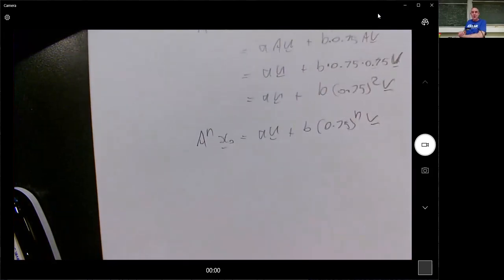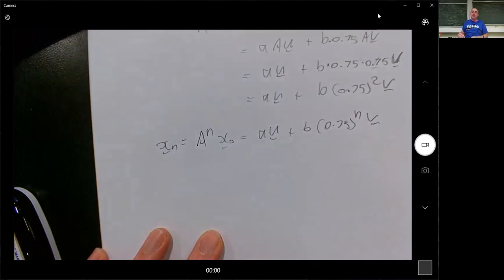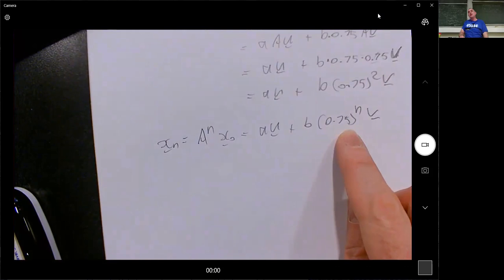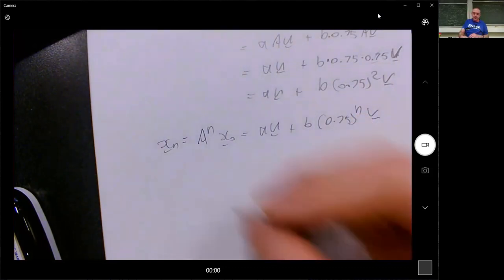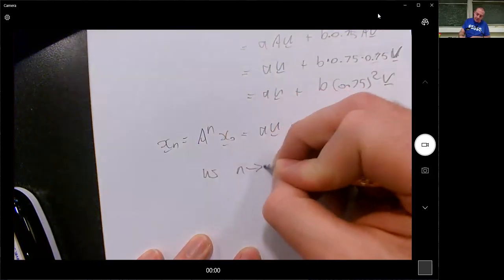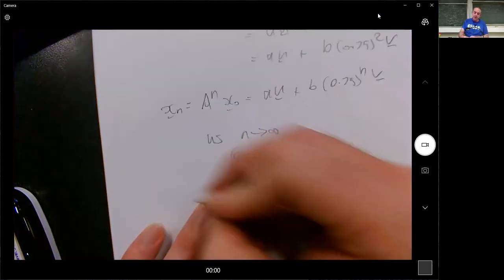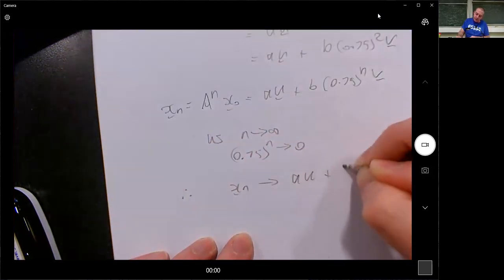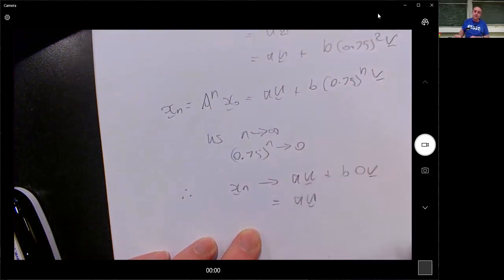Cool. All right, here we go. This is xn. So 0.75 is a number less than 1, so if you raise it to a very high power, it will get closer and closer to 0. So as n gets larger, 0.75 to the n goes to 0, and so therefore xn will go to au plus b times 0v, which is just au.